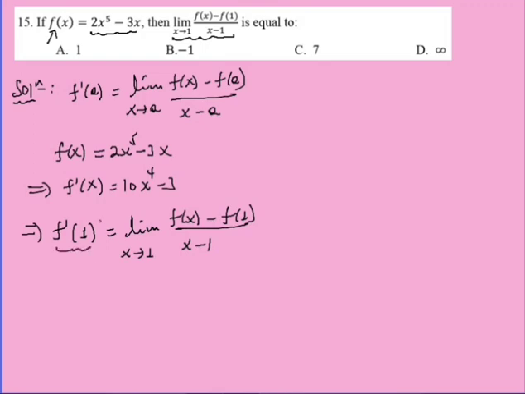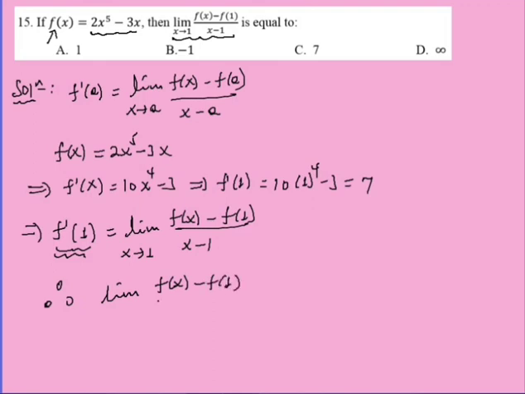But f prime at 1 means you can substitute 1 in the derivative, then it becomes 10 times 1 to the power of 4 minus 3, which is 7. Therefore, the limit of f of x minus f of 1 over x minus 1 as x approaches 1 is 7. So our answer is C.